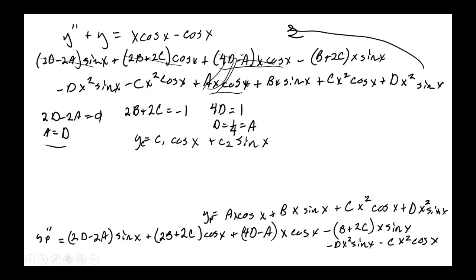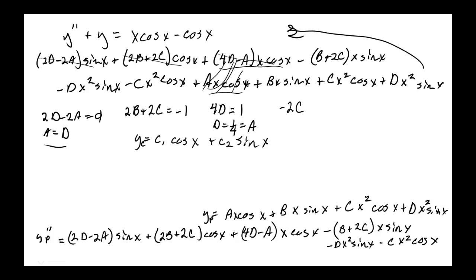Then let's look at the x sine x. Here we have minus b minus 2c plus b. So the b's go out, and you have minus 2c equal to 0, which implies, of course, that c is equal to 0.